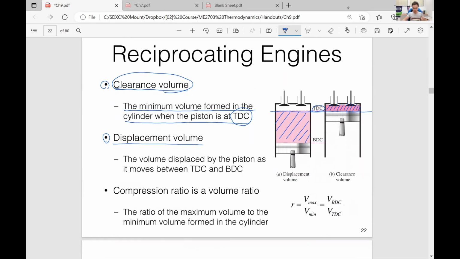All right. Then we have a ratio called compression ratio. Compression ratio is a volume ratio.